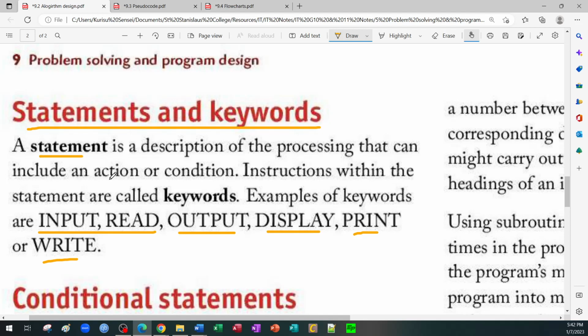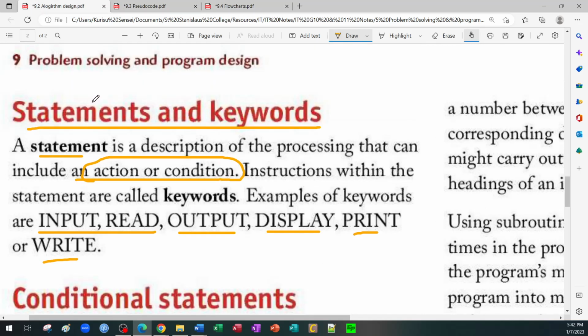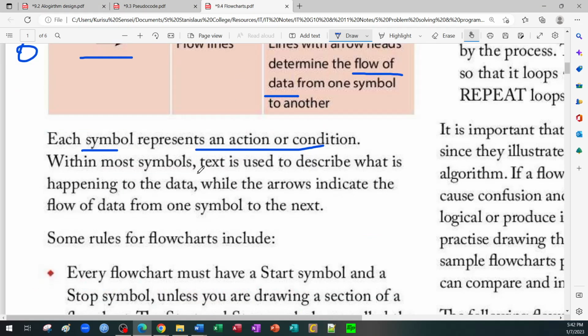A statement is an indication of an action or condition. So, the equivalent of a statement is basically a symbol. In pseudocode, a statement or keyword indicates what is happening. In a flowchart, a symbol indicates what is happening.